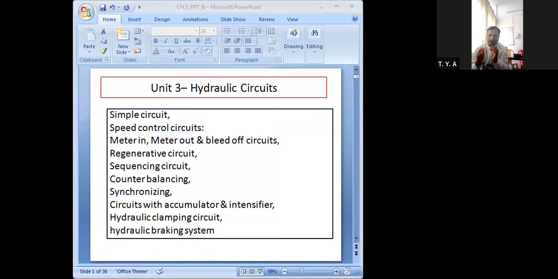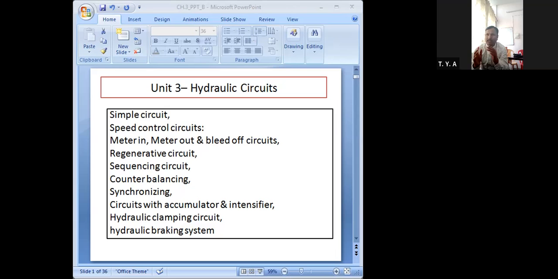But in this unit, we will discuss how basic hydraulic circuits are designed and constructed.